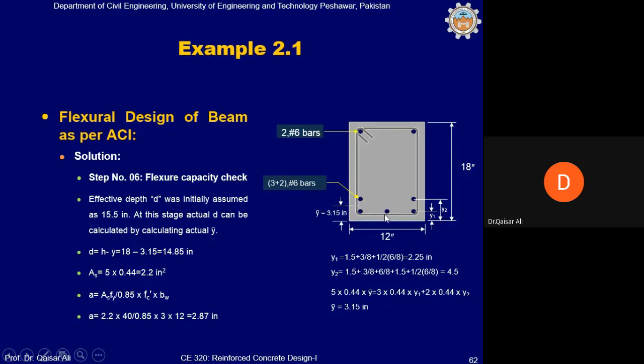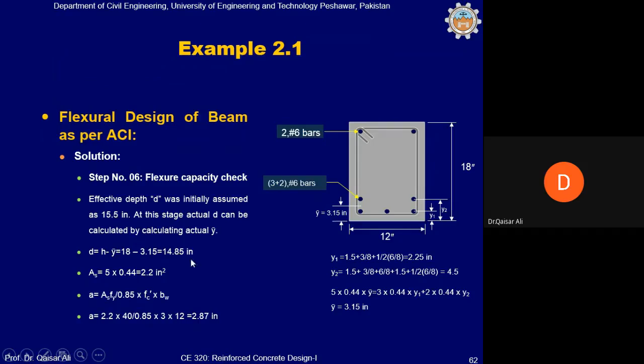Total 5 bars are there. 5 multiplied by 0.44, because the area of one bar is 0.44, and then multiplied by y bar, 5 into 0.44 into y bar, equals 3 bars in one layer, multiplied by 0.44 into y1, plus 2 bars into 0.44 into y2. y1 and y2 are known, because 1.5 inch is the clear cover, 3/8 inch plus half of the diameter of the 3/4 inch bar. So y bar comes out to be 3.15 inch in this case now. And the effective d, which was assumed in the beginning as 15.5 inch, now actually comes out to be 14.85 inch.